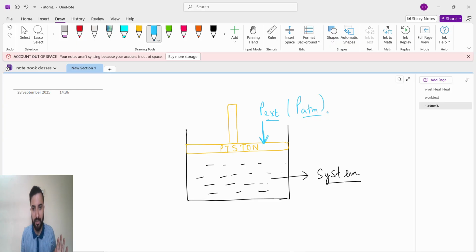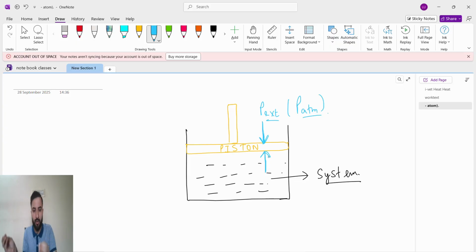Now understand one thing. Initially, some external pressure or atmospheric pressure will be applying on the piston. And the molecules of gas or molecules of water will also apply pressure from the downside to the piston, right? Because particles of gases and liquids keep on flowing.